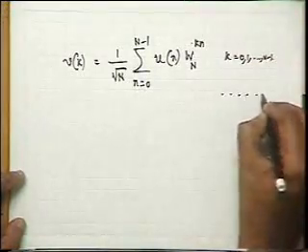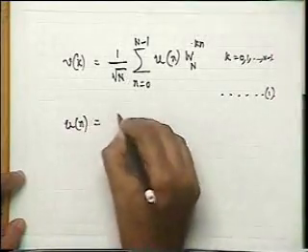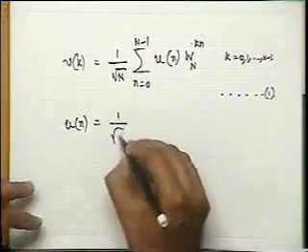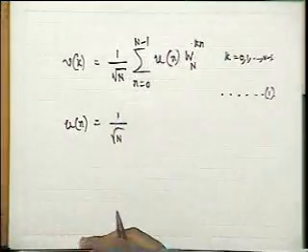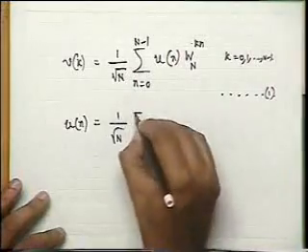Let me call this equation number 1, and un as 1 upon again square root of n, so that the normalization factor remains the same for forward as well as the reverse transformation.